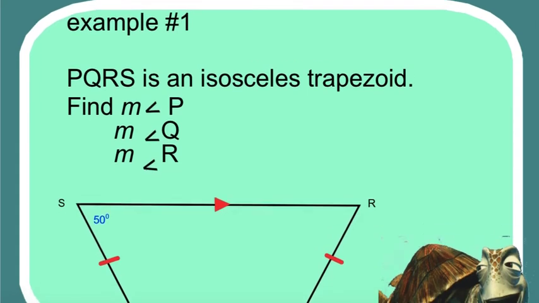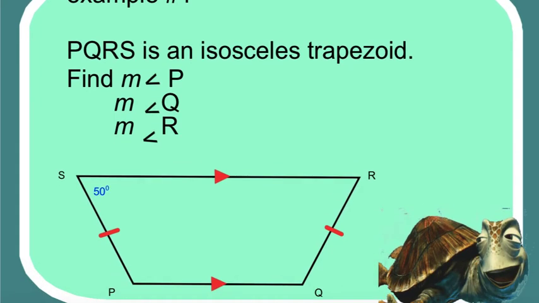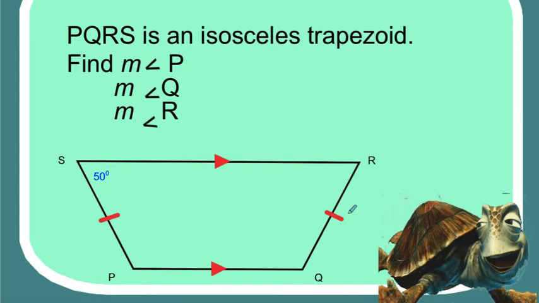All right, so let's talk about this. Here we have an isosceles trapezoid. PQRS is an isosceles trapezoid. It wants us to find the measure of angle P, Q, and R. All right, so we know that the base angles are congruent, so that means that these angles are congruent to each other, so I know that angle R is going to be 50 degrees. All right, now, I also know that P and Q are going to be equal to each other, so I'm going to mark them equal to each other.